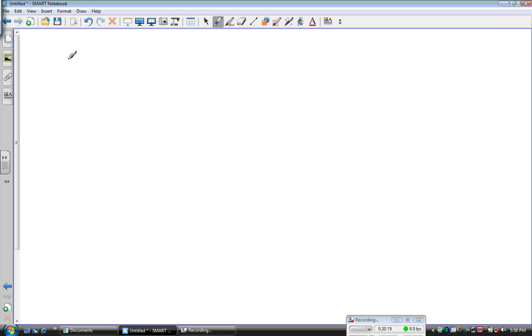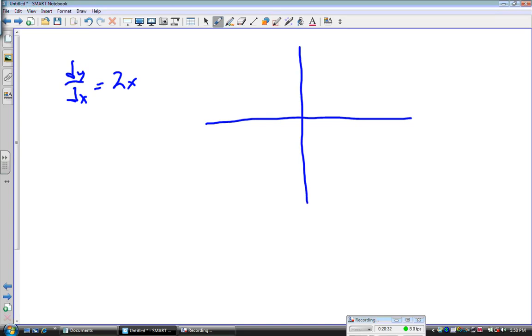So let's try this. Say, for example, I'm in 11.2, dy/dx is 2x. What does it mean to generate a slope field? Well, you could do it by hand, but we're going to write a program that does it for us. Let's sample that slope. That's the slope of the solution curve at different points. Say at (0, 0), (1, 0), (2, 0), (0, 1), (1, 1), (2, 1).